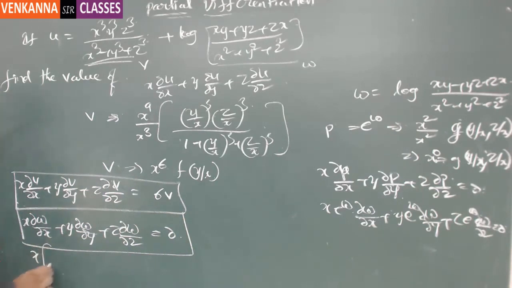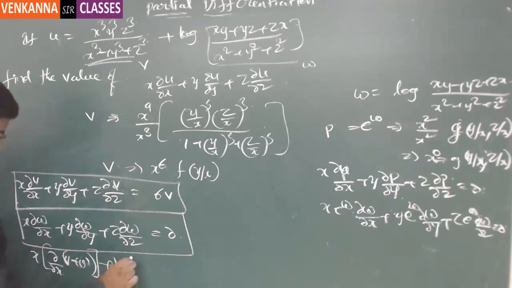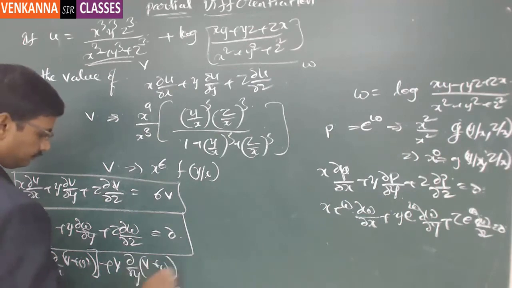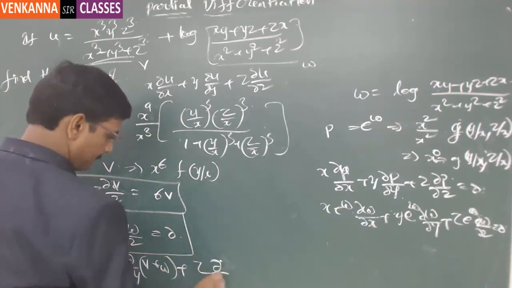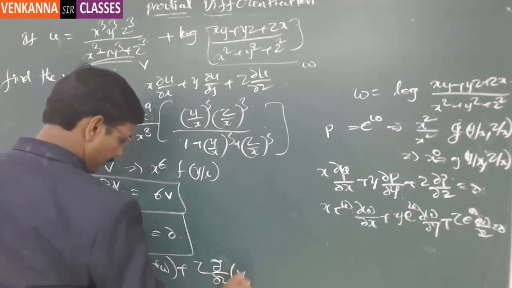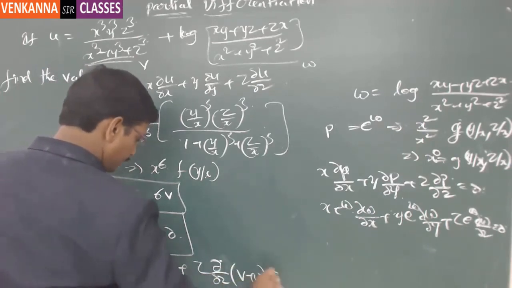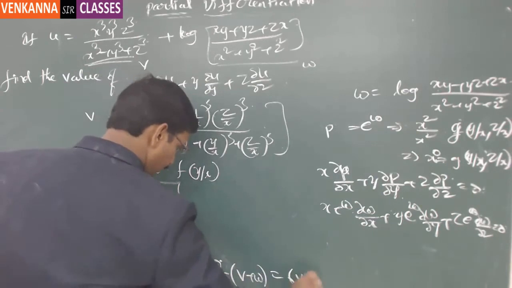Now if we add these two together, what you are going to get is x times dou by dou x of v plus w, plus y times dou by dou y of v plus w, plus z times dou by dou z of v plus w, is equal to 6V plus 0.